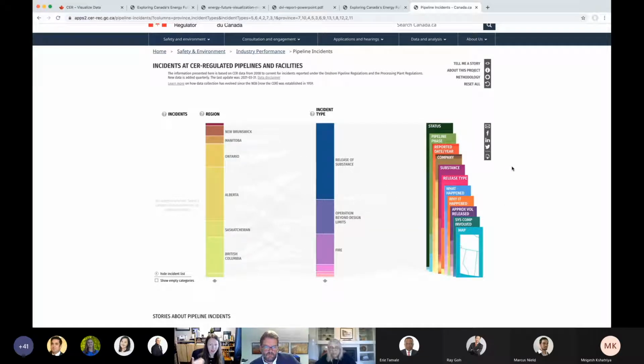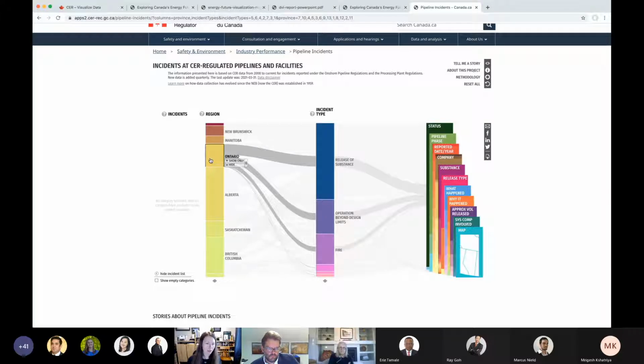The idea behind this visualization is that you can see each column and how it relates to other columns. And once you know how to read one column, you can read the rest. So this is showing reported incidents that are mandated to be reported to the CER and kind of the proportional amounts.